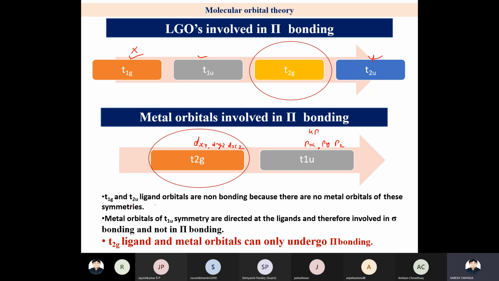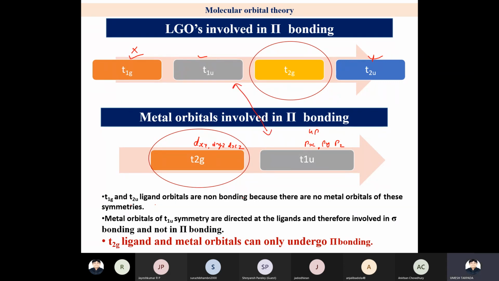So you can just match the symmetry of both. Which symmetries are matching? You can compare: T1G is above here, is there a T1G below? No. T2U is also not there. Okay, now two things match, T1U and T2G. So T1U has symmetry similar to metal and similar to ligand. See, these two have the same symmetry.